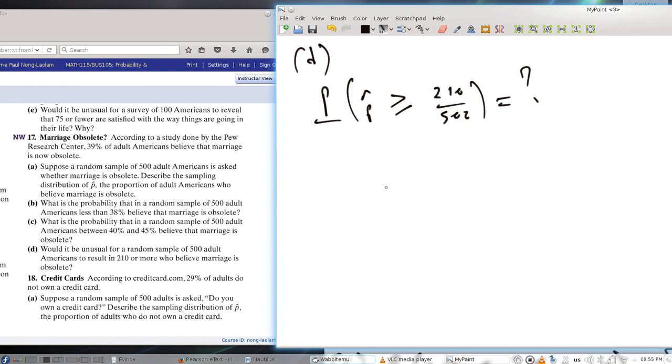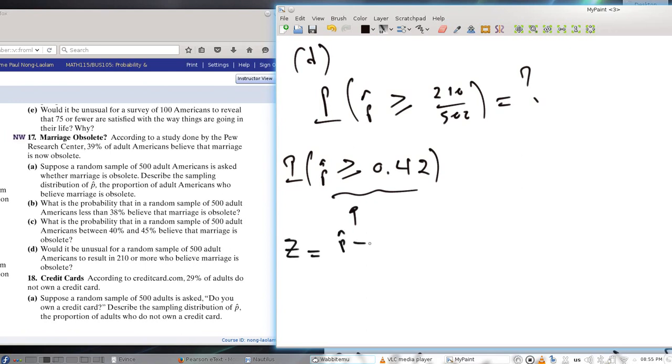And to do that, I'm going to use my calculator again, it's quicker this way. So here we have 210 divided by 500. That gives us 42%. So here you have the probability of P hat is at least 42% or 0.42, and that we need to convert now to the standard normal curve by using this expression.